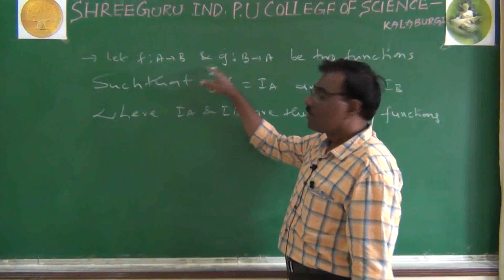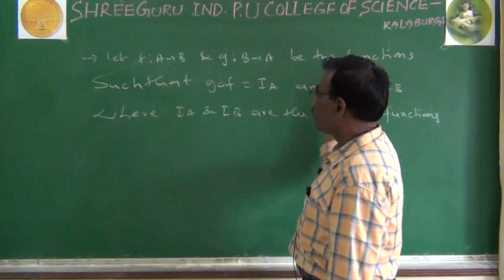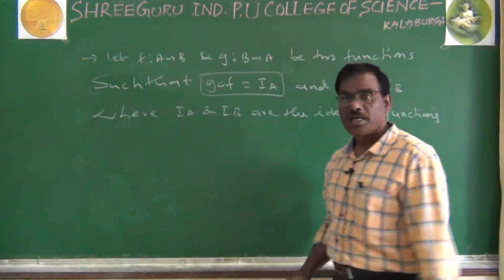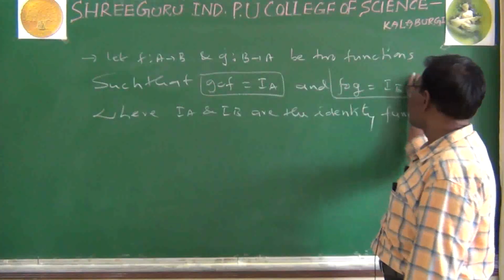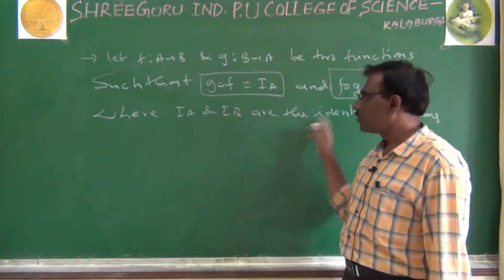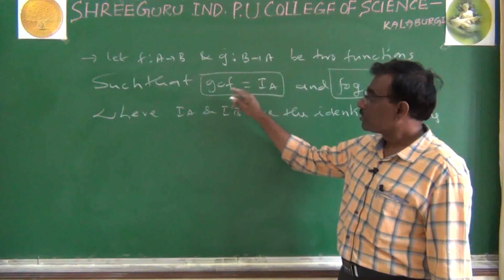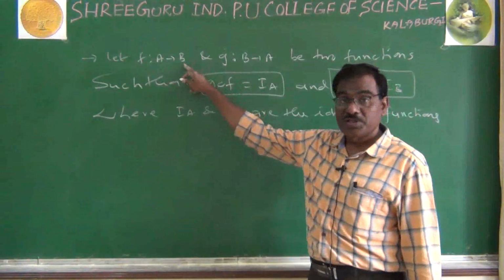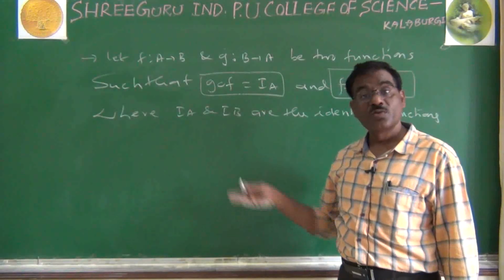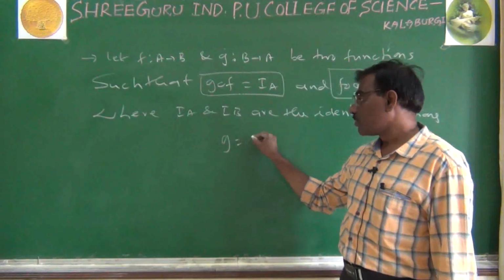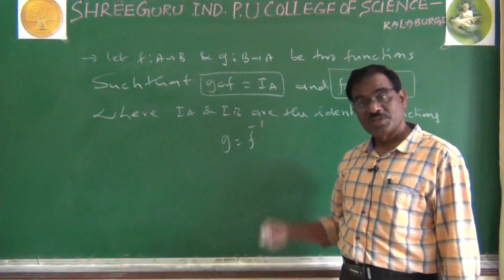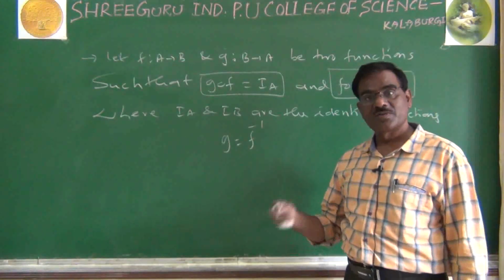When F from A to B, G from B to A are two functions with G composition F equal to IA and F composition G equal to IB, where IA and IB are called identity functions, G is called the inverse of F. This is denoted G equal to F inverse.